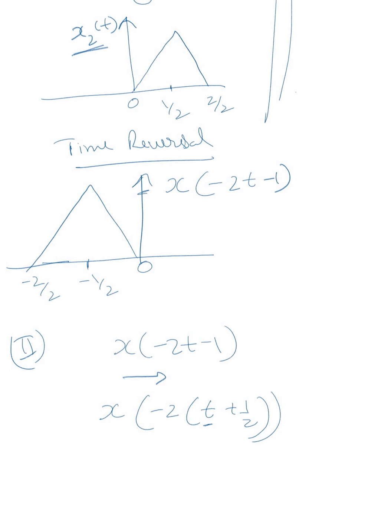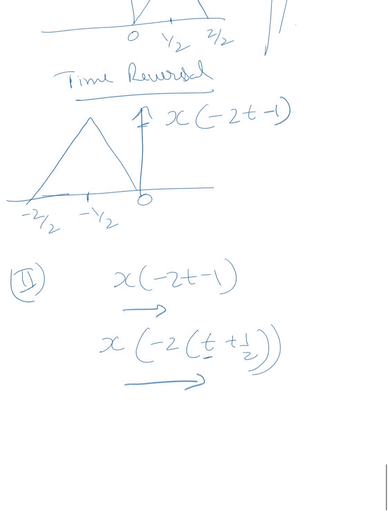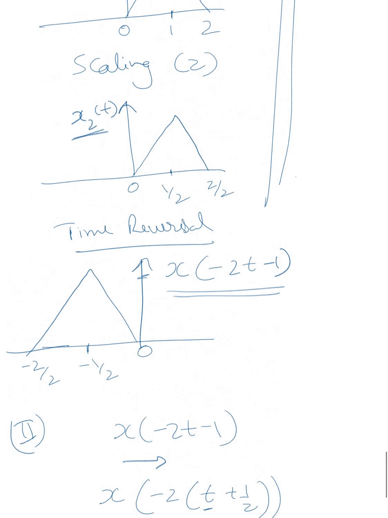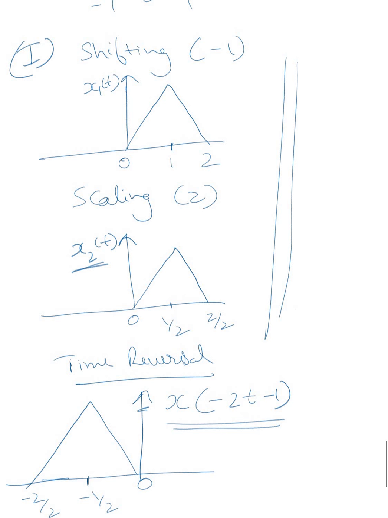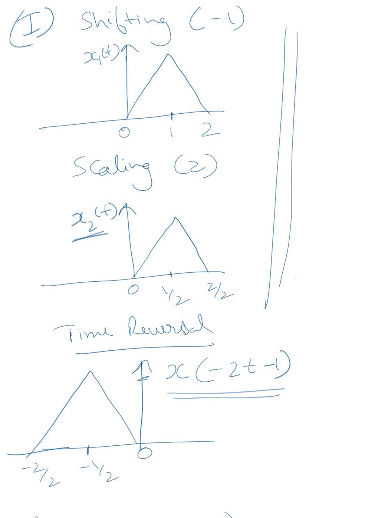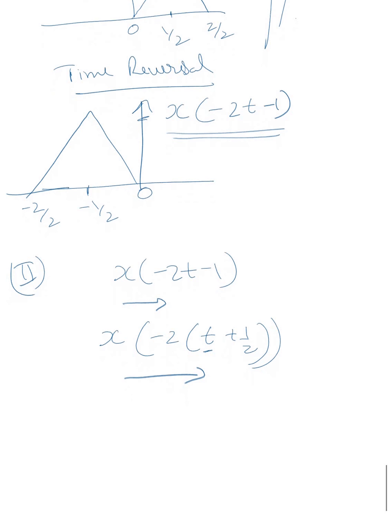Now we can implement all the transformations one by one, moving from left to right. At the end, you will find that the end result, x of minus 2t minus 1, is same for both the methods. So I would suggest that you prefer the first method, as the chances of error are less in this case, as compared to the second method, where we need to perform some initial processing also.